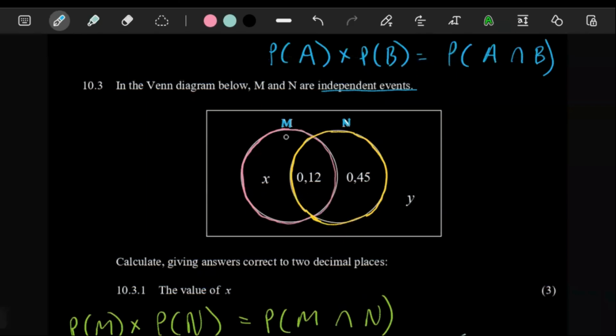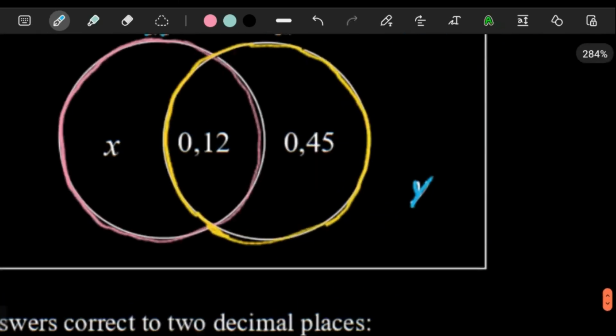So the probability of M alone is this value, M and N is this value, N alone is this value, and the probability of neither of these two is where y comes in. Everything here put together should add up to 1, meaning x plus this plus this plus y should add up to 1.